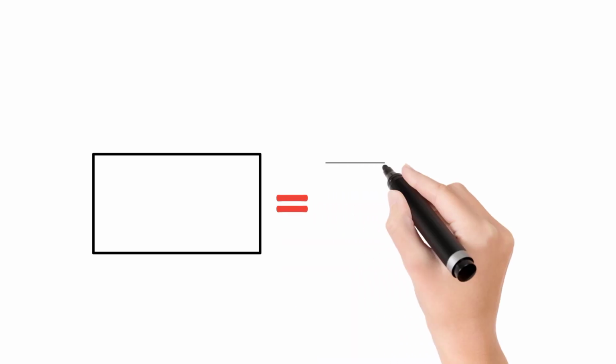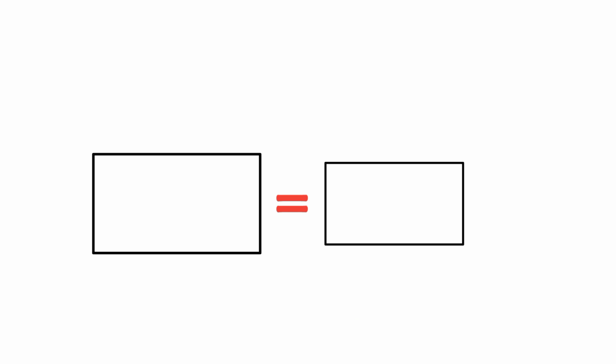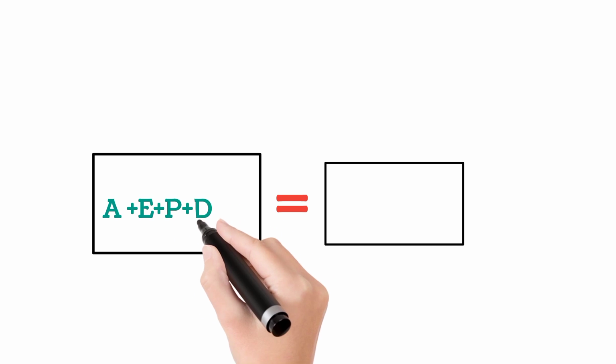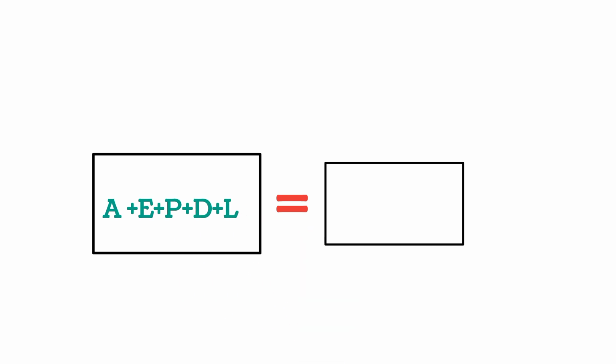When the accounting equation is expanded, we have assets, expenditure, purchases, drawing, and loss items on the left hand side of the accounting equation, and we have liability, equity, and revenue items on the right hand side of the accounting equation.